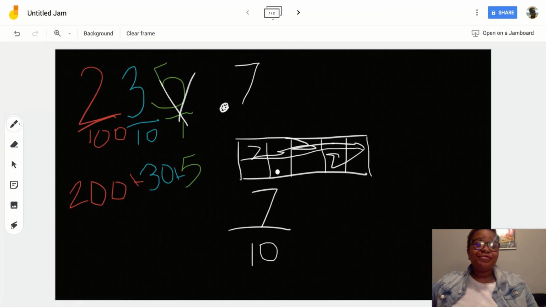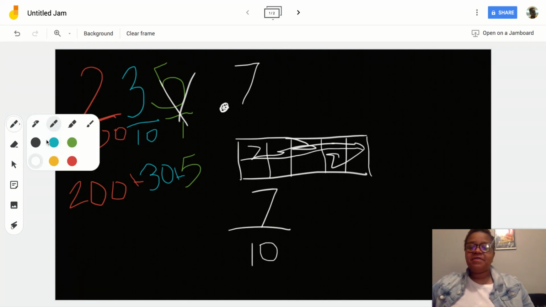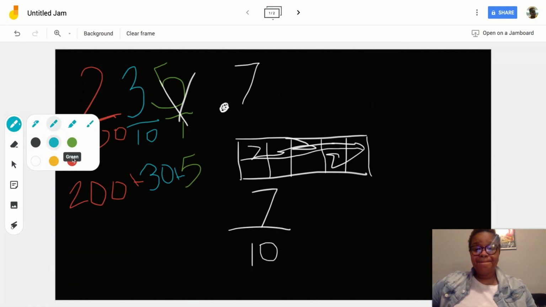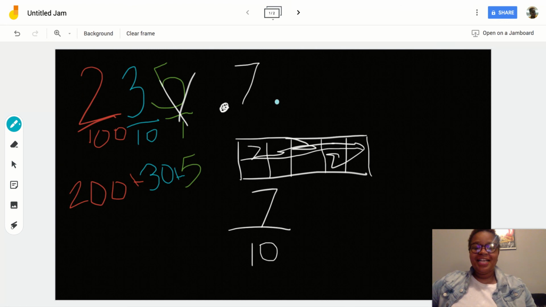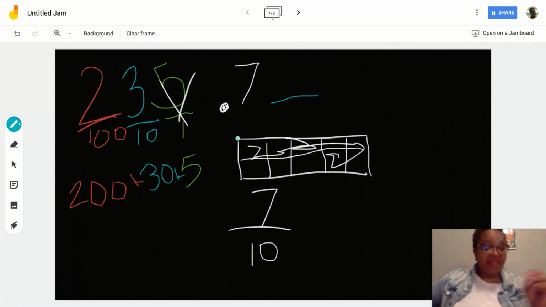So we're going to work on just focusing on our tenths, which is the first decimal place after the decimal point. And then we're going to focus on our second decimal place, which, if we look over here and flip it, would be our hundredths.